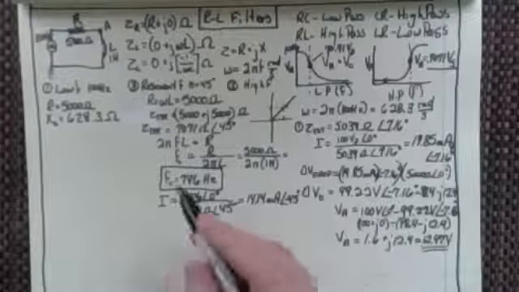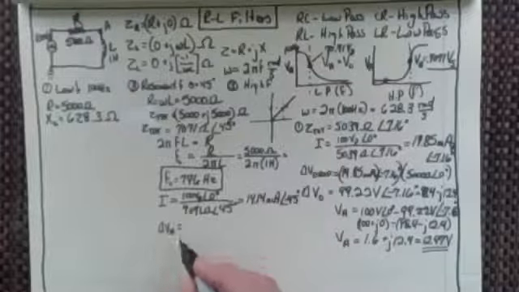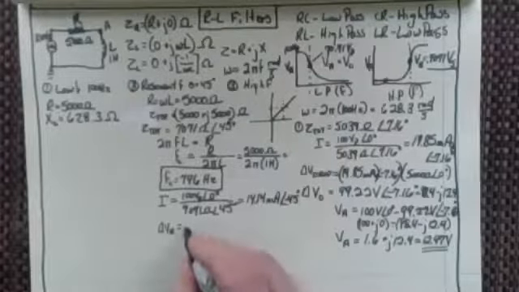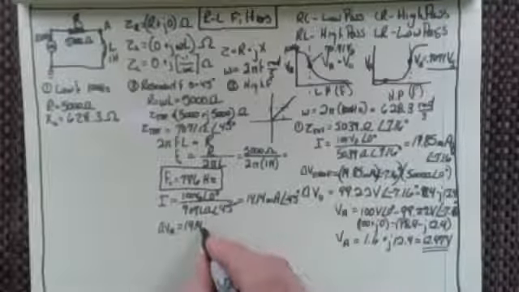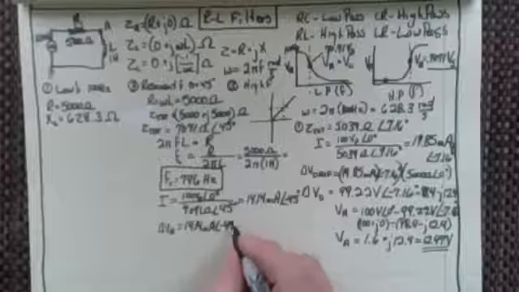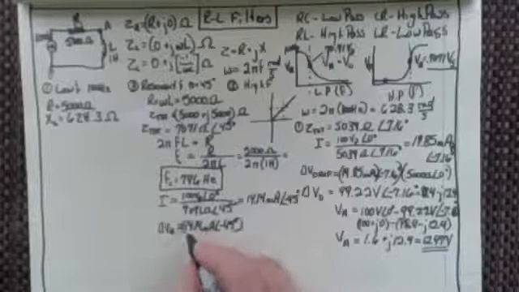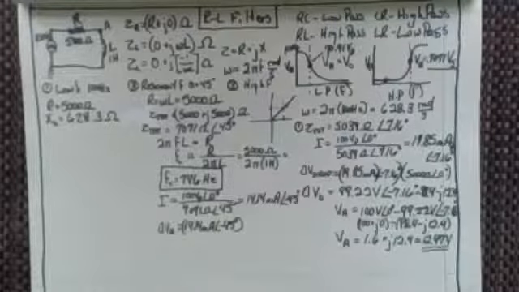And now if I wanted to find the voltage drop across the resistor, I'm just going to put delta VR. That's going to be the current, 14.14 milliamps, and of course at minus 45 degrees. Remember that's milliamps, so we have to put that in really as 0.0141414.